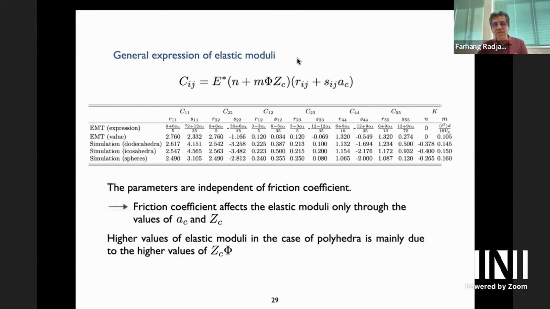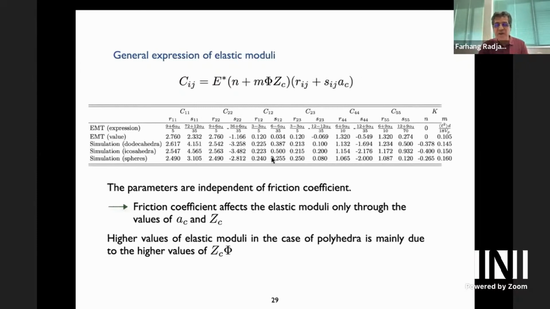And so in general, let's say, writing down a phenomenological expression, but inspired by EMT, of the elastic moduli is this one. So it has a prefactor, which is our reference modulus, reference stress, let's say, an isotropic part depending only on ZC, and an anisotropic part depending only on AC.